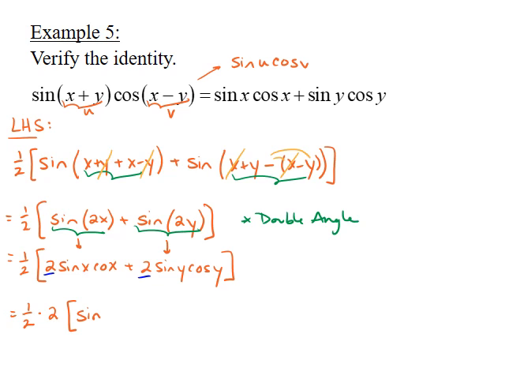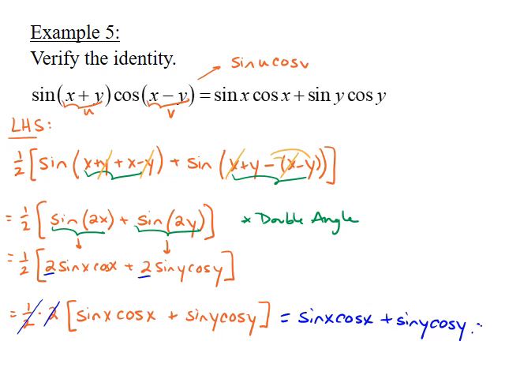And you're left with sine of x cos of x plus sine of y cos of y. And hopefully you've glanced ahead at the right-hand side. You'll see these cancel out, and you are left with sine of x cos of x plus sine of y cos of y, which is what we wanted to achieve. And there you have it.